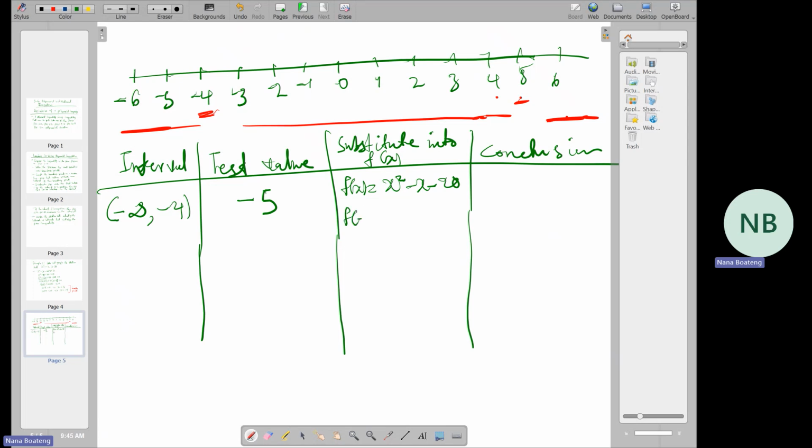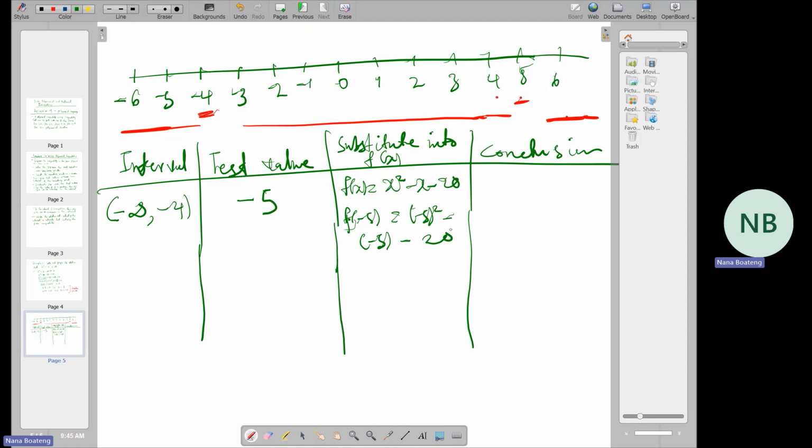So f of -5 is equal to (-5) squared minus x, so minus (-5), and minus 20.